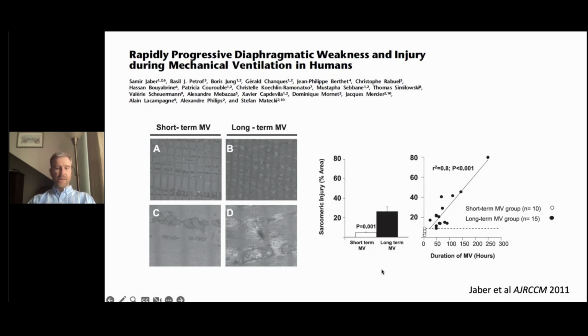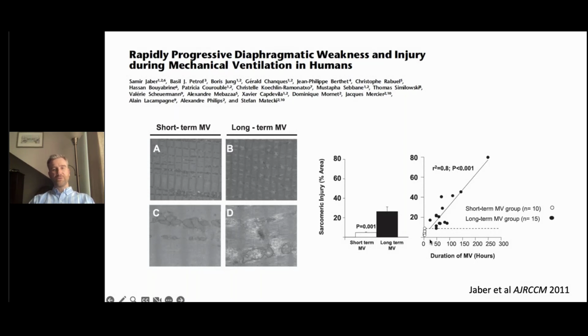If you look at sarcomeric injury score, long-term mechanical ventilation, meaning more than a few days, is associated with a much higher level of injury. In fact, there's a direct correlation between duration of ventilation and the degree of sarcomeric injury.